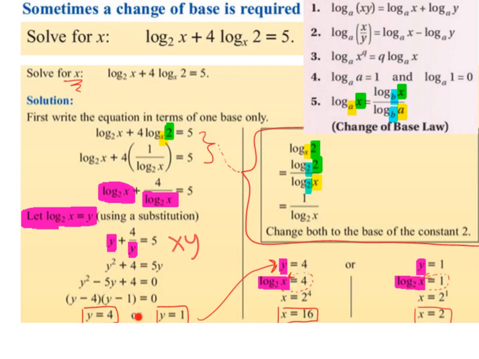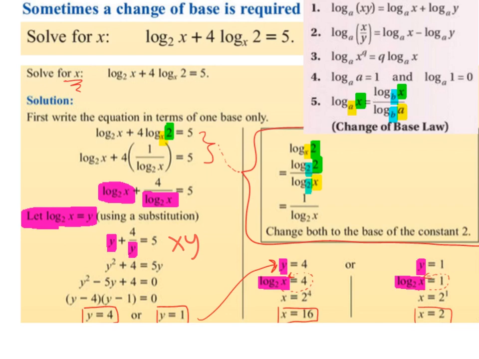Now remember, we were not asked to solve for y, we were asked to solve for x. So we now have to go back and use our log base 2 of x equal to y. So we come over here. So we had y is equal to 4.